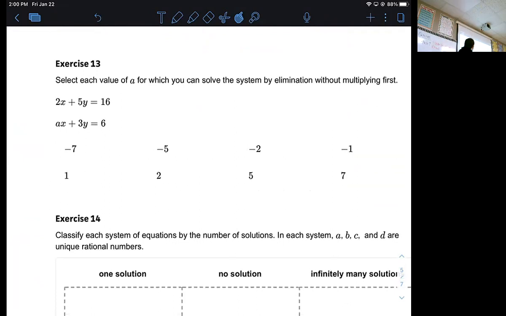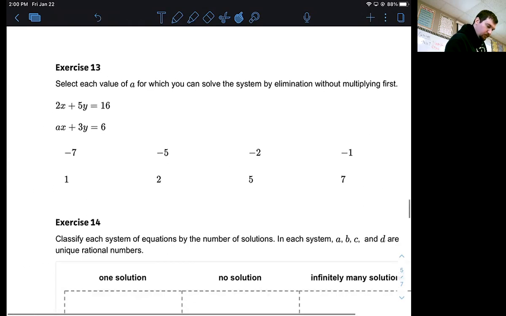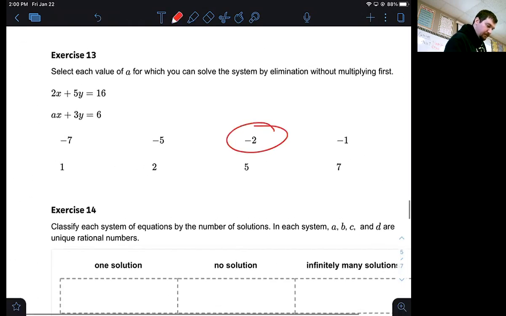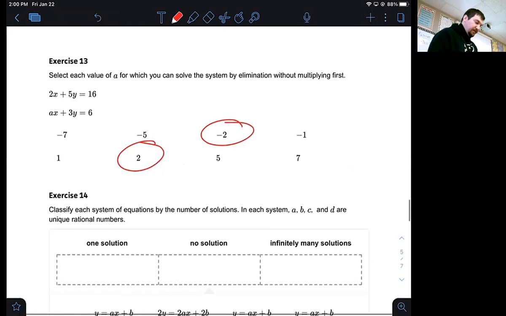What would the A value be in order for me to be able to add right away? -2. So write -2 down. And let's say I was feeling risky and I wanted to subtract them. What could A be? 2. If A is any other one of these numbers, I would have to do some sort of multiplication or division first to try to get them to line up. Okay, make sense? So 13 is 2 or -2.